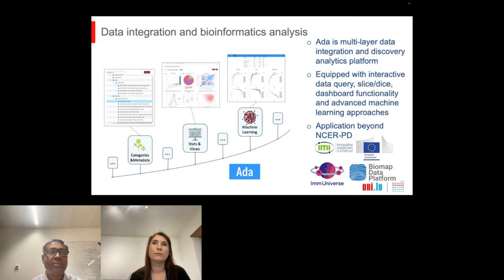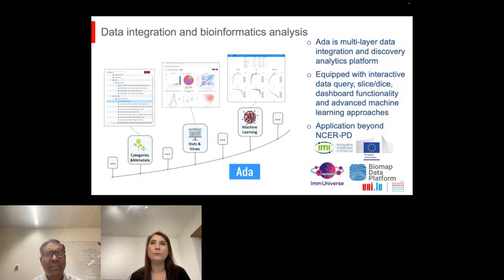And this dashboard is customizable for the different persona. If the clinicians would like to see certain visuals, maybe a bench scientist or a bioinformatician, a statistician would like to see different things. The tool is quite customizable. Users can have their own customizable dashboards. This is a very nice functionality.